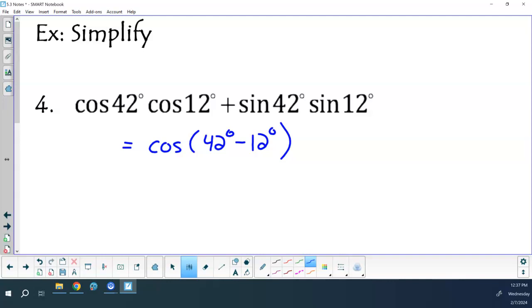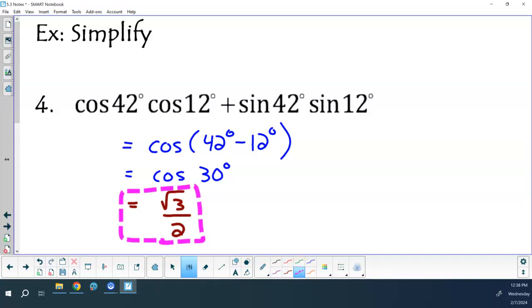Agree with that? What's 42 minus 12? 30. So this would be the cosine of 30 degrees. What is the cosine at 30 degrees? With me?